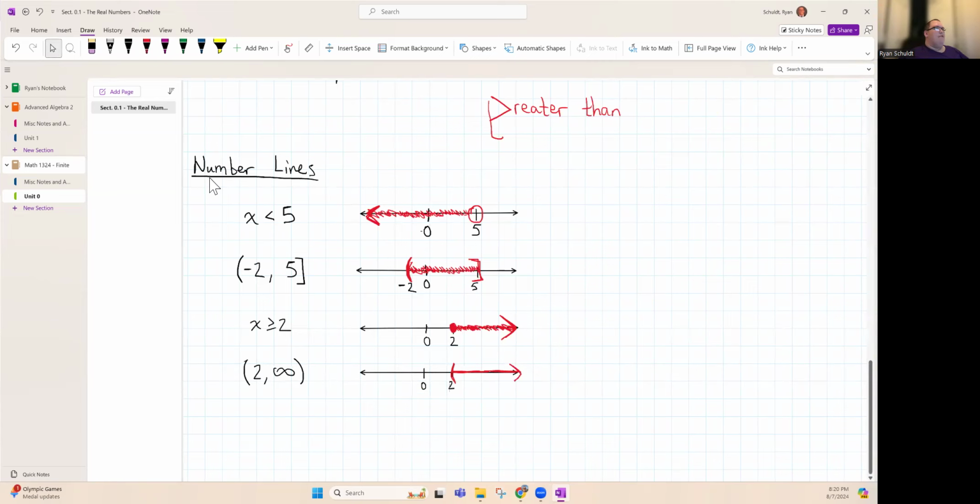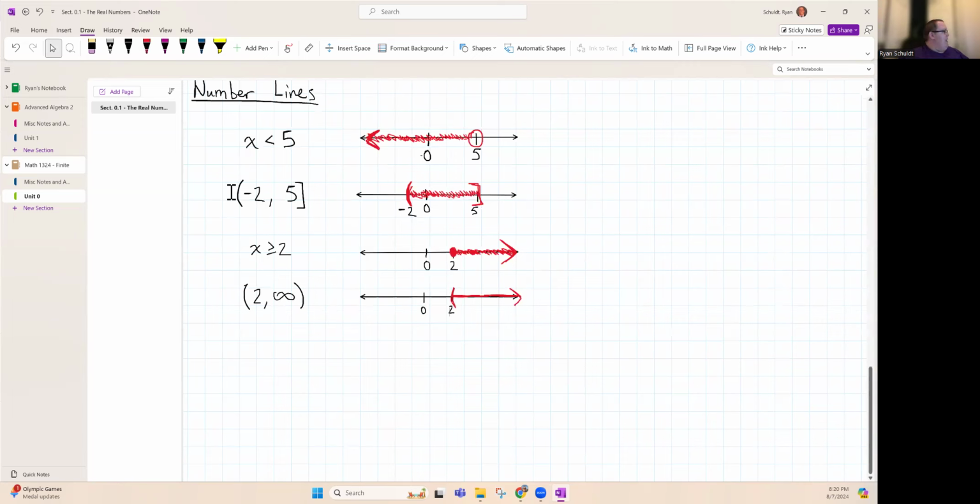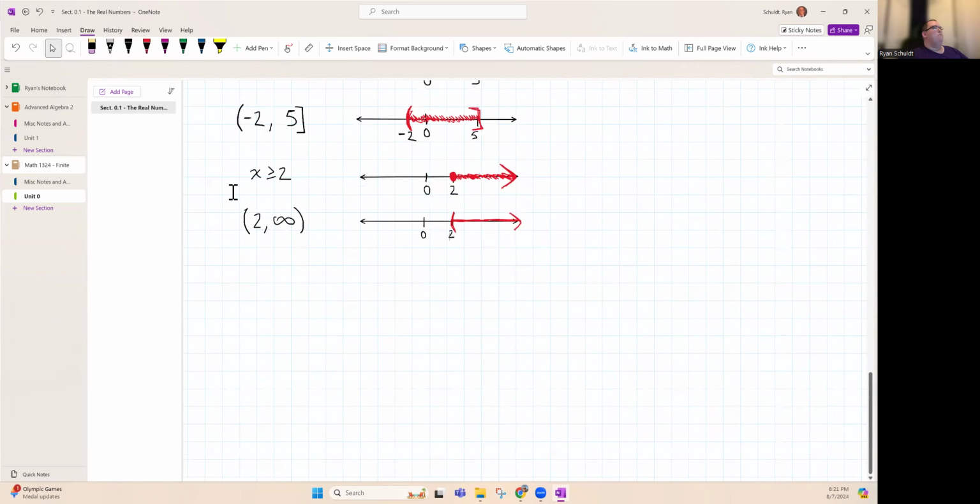And our last topic for this one is absolute value. Absolute value is the distance a number is from 0.